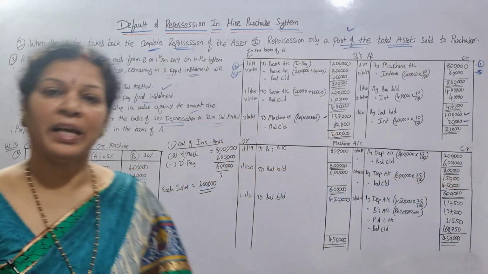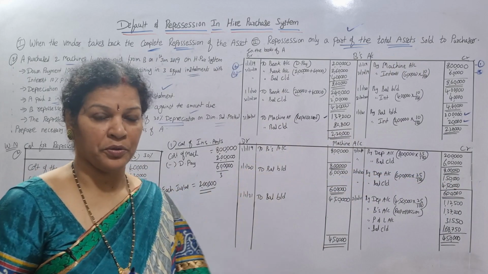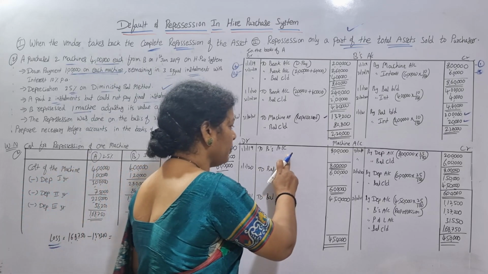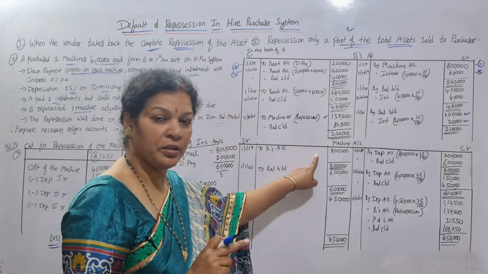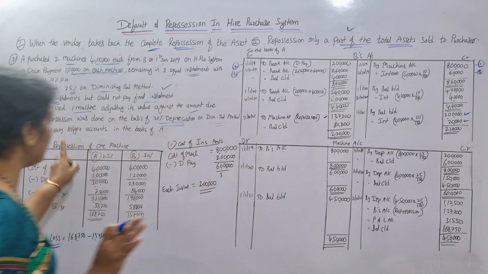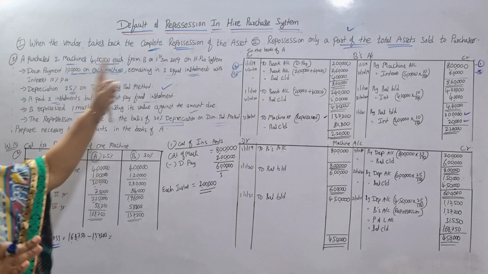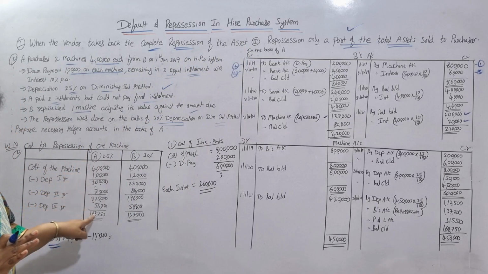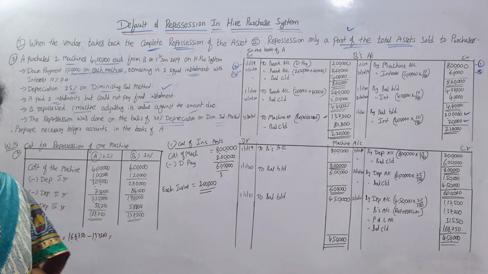Now let's focus on the asset account, that is the machine account. Whenever you purchase any machine, you will say to B's account, that is written. Every year you will provide depreciation at 25% only, because in the books of A we are writing 25% diminishing balance method.